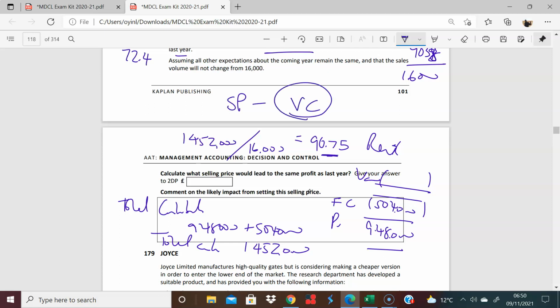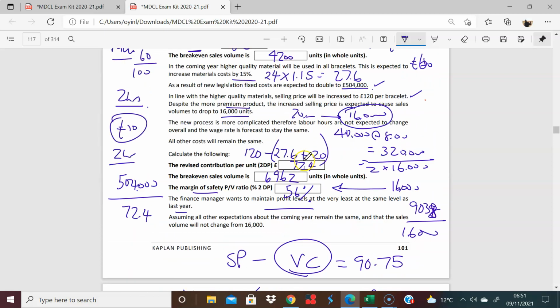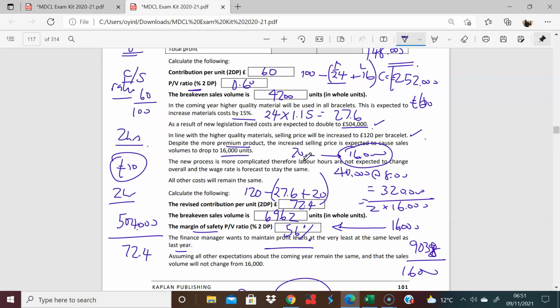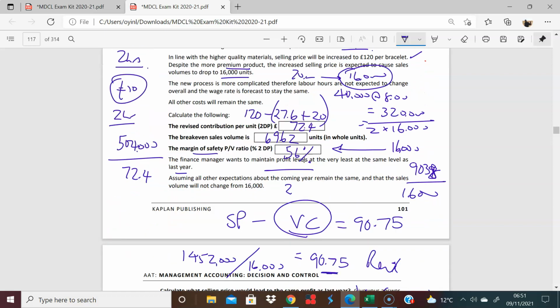I know what my variable costs are: £27.60 and the £20, which I calculated earlier.